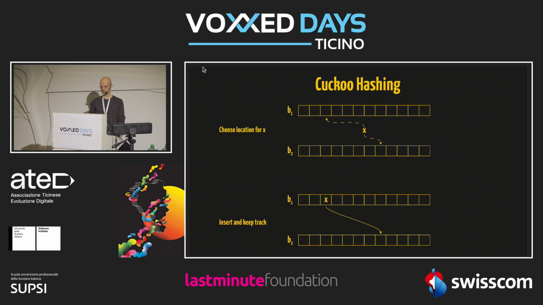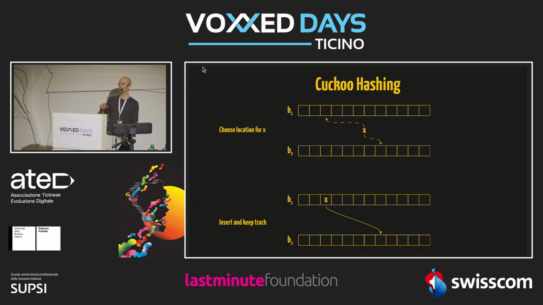So let's see a practical example. Let's say that we want to insert x. Here you see the two arrows going up and down are the result of the two hash functions. The first hash function applied to x gives 2 as a result, so it's the third element of the array b1, while the second hash function gives 8 as a result.